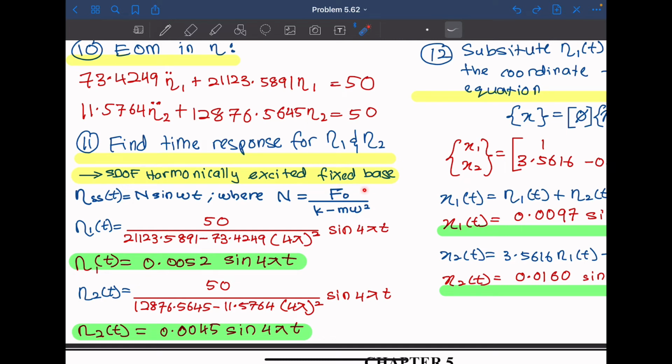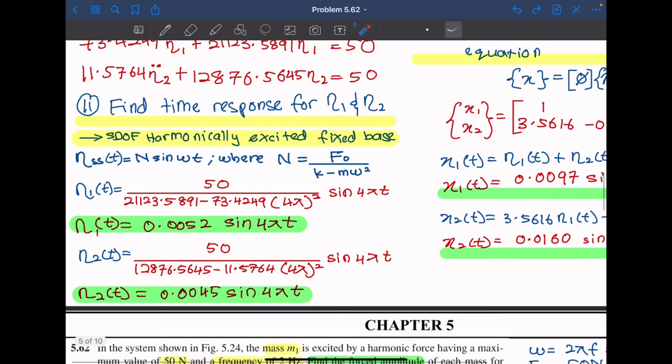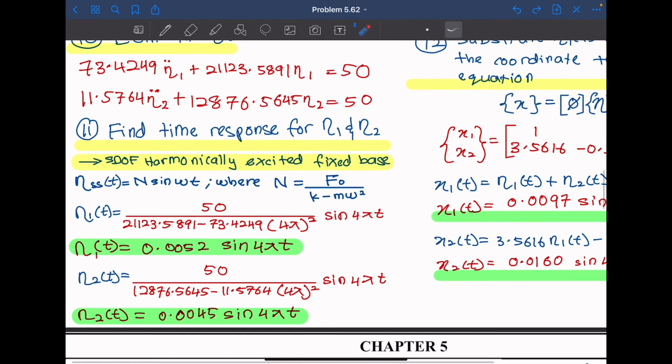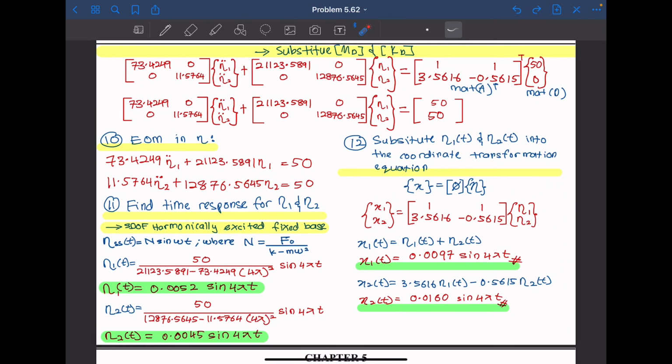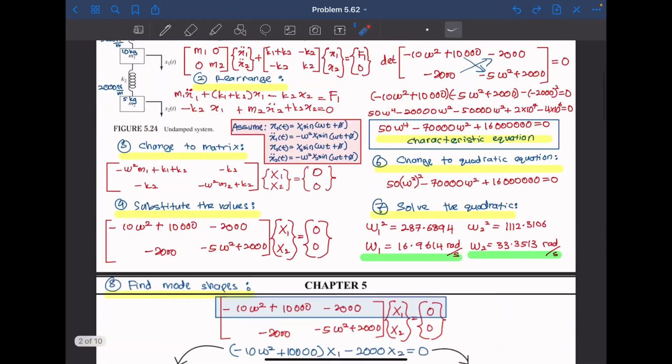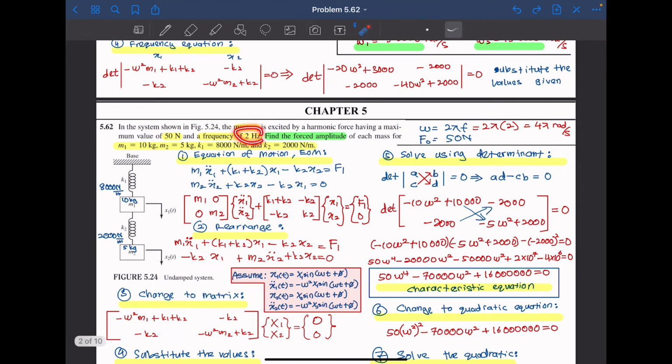So you can find this formula in your slides for the single degree of freedom system. This is where we use the omega. Don't be confused: we don't use the omega 1 and omega 2 that we got just now, but the omega that we get from the question itself, where the frequency is 2 Hz.